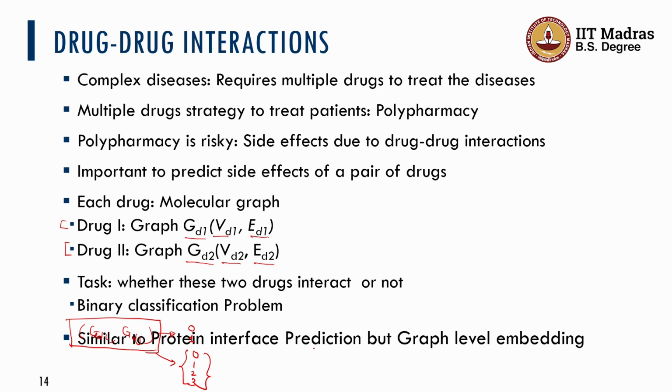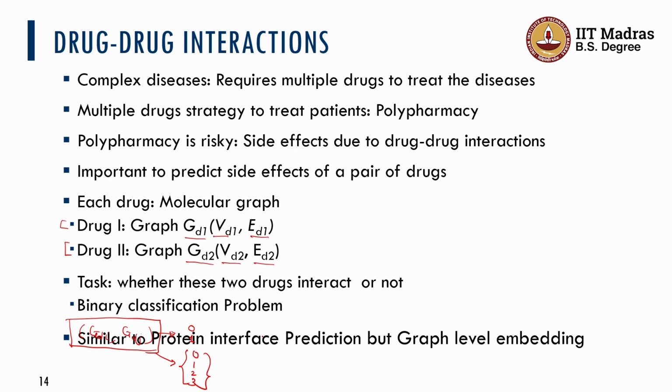As I told you, it is similar to protein interface prediction, but it's a graph level embedding. Recall, in protein interface prediction, we looked at the node level embedding. We refined the node features. We have not refined graph level features.